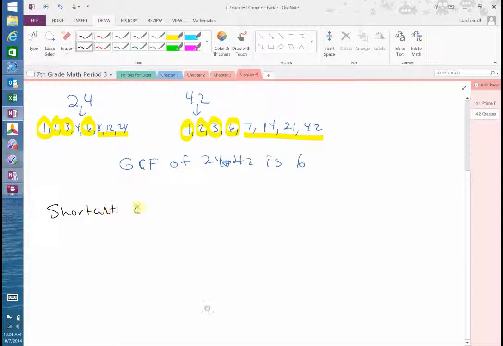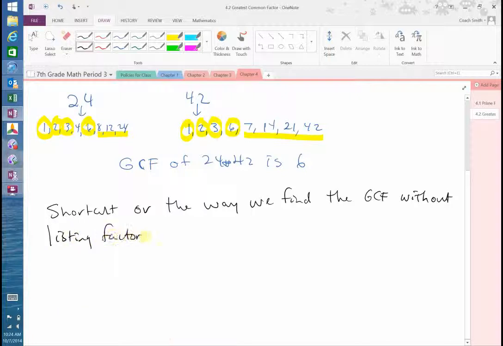The shortcut, or the way we find the GCF without listing the factors, is by using prime factorization.